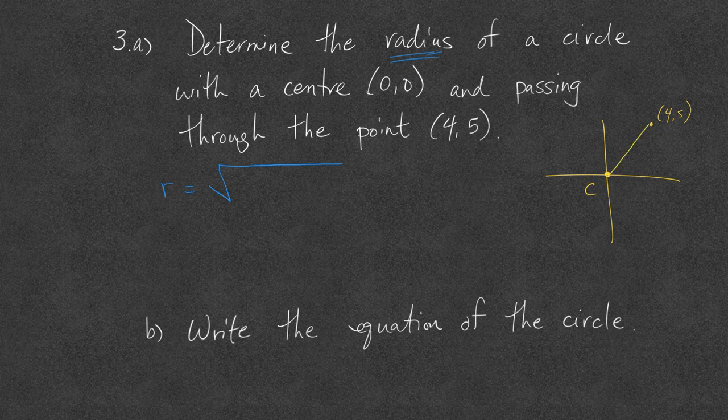If that makes it easier to see that we are going 4 across and 5 up, then by all means, use your diagram. But a number of people would have felt comfortable to just jump in right there. In fact, they may have already squared the 4, squared the 5, and all we had to do was simplify that to your 41. There we go. So if you have a radius of root 41, outstanding.